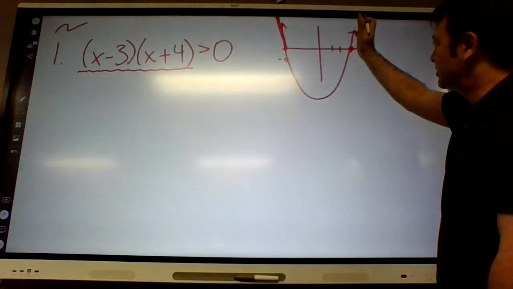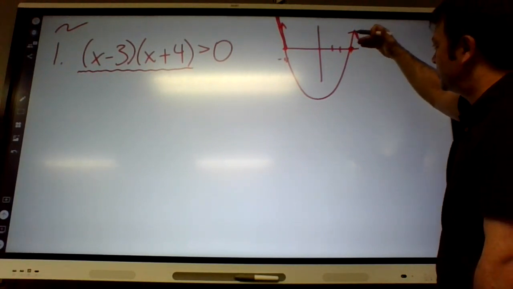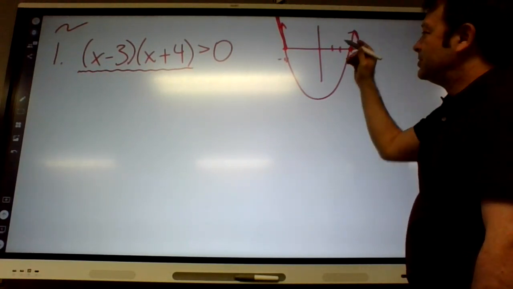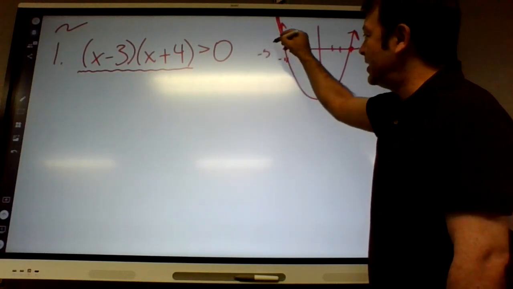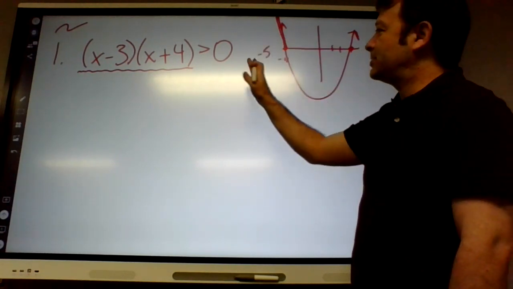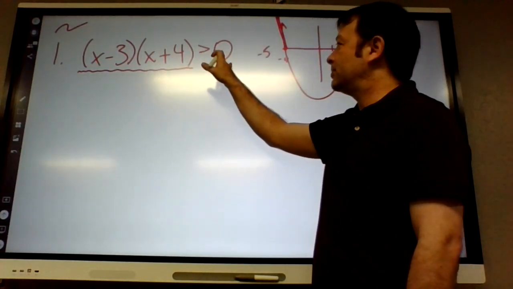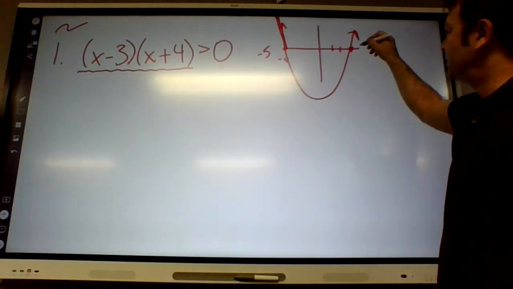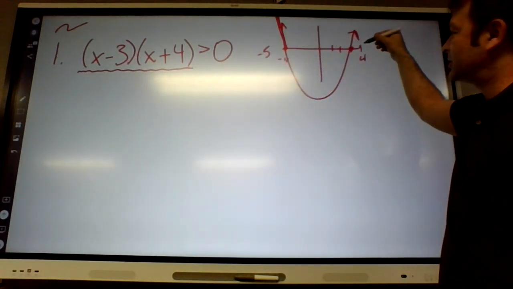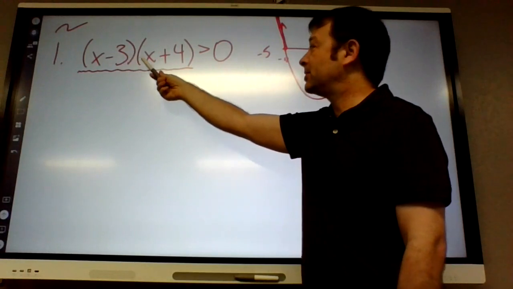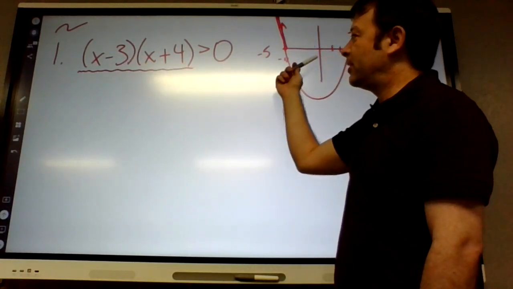Or everything past 3, all these x values would make the function greater than 0. So for example, if I plugged in -5 for x, I should expect to get something greater than 0. Or if I plug in +4 for x, I should expect something greater than 0 if my graph is right.